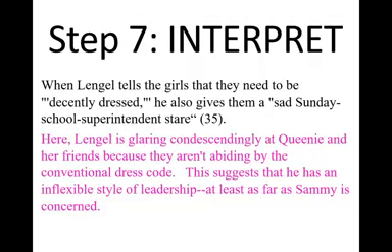This suggests that Lingle has an inflexible style of leadership, at least as far as Sammy is concerned. And again, the topic idea is that Lingle is rigid, so we reiterate the idea right here, but we use a synonym, inflexible style of leadership. So there we're interpreting this quote so that the reader understands why these phrases are important.